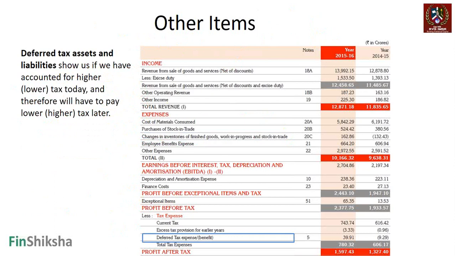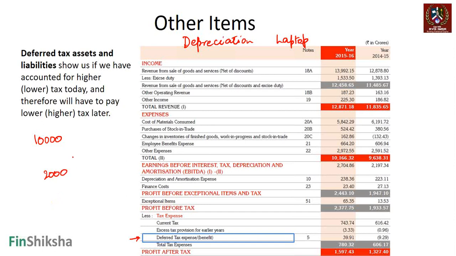One last item that we see is a deferred tax expense benefit. Now, when we look at this deferred tax, let's take an example. Let's say depreciation rates for a building or a laptop. I say that I will take a laptop worth, let's say, 10,000 rupees, and I'm going to use this over 5 years, which means in the first year, the depreciation should be only 2,000.